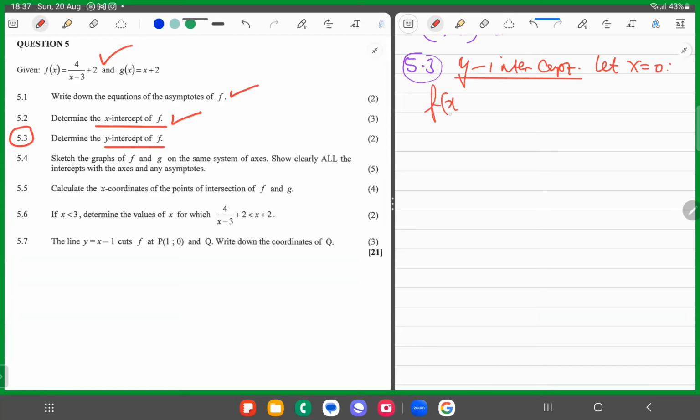That is f of x, which equals 4 divided by x minus 3, plus 2, which means f of 0 is 4 divided by 0 minus 3, plus 2. And if you simplify this, it is 4 over minus 3, plus 2.